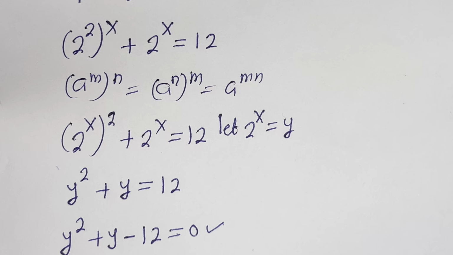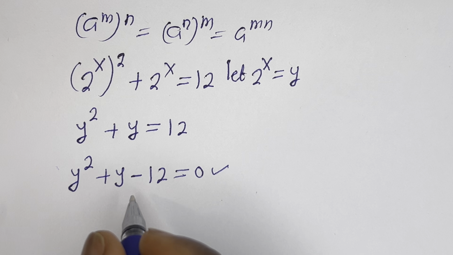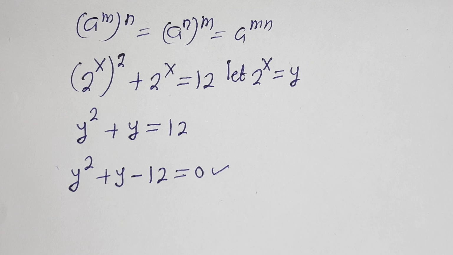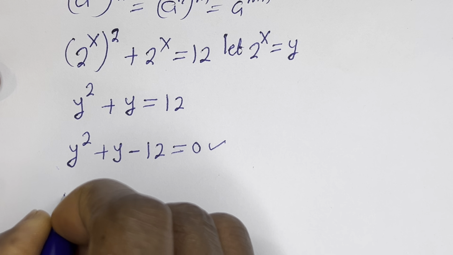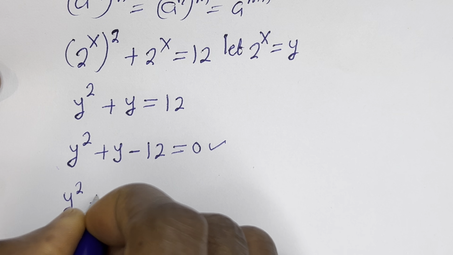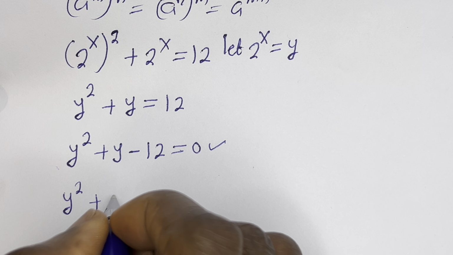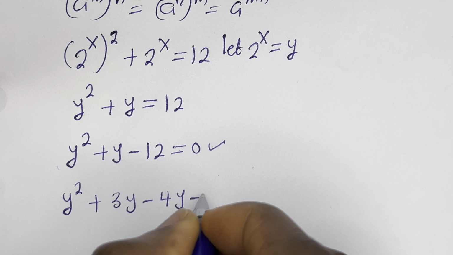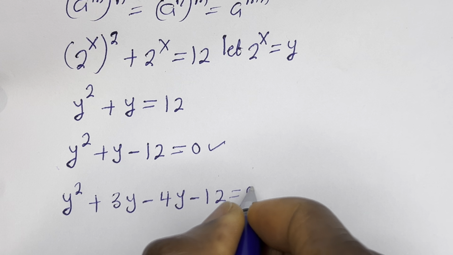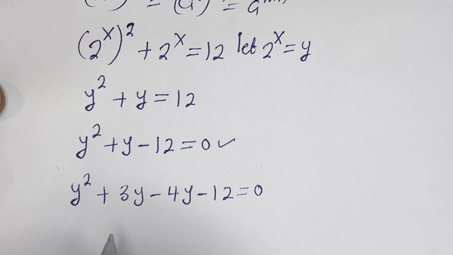This is a quadratic equation. We may solve this using factoring, then this is y squared plus 4y minus 3y minus 12 is equal to 0.